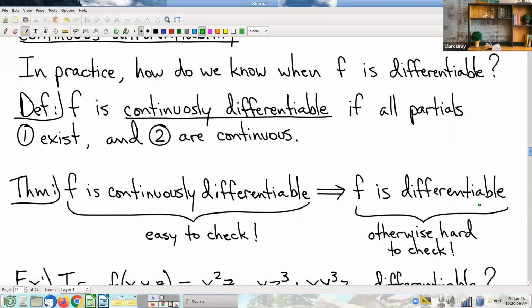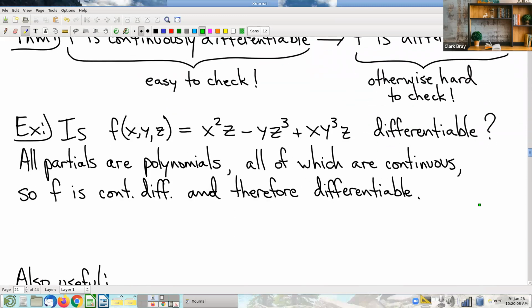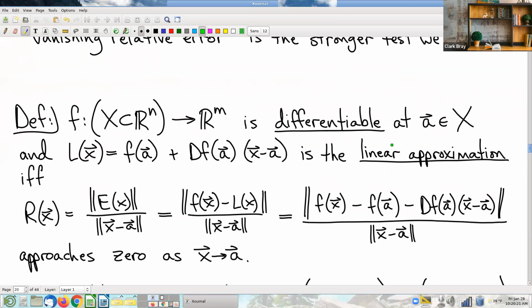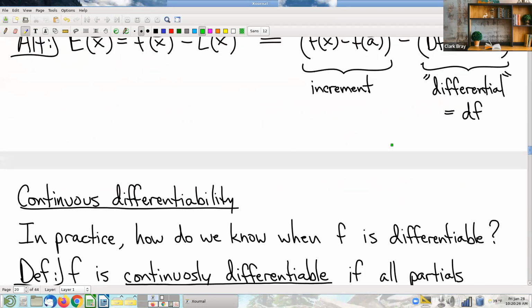Okay. All right. So for example, here's a function. Is it differentiable? Well, again, going straight at it from the definition, that's a hard problem. We've got to go back over here and think about, oh my gosh, what's the relative error, and what's the linear approximation, and oh my gosh.